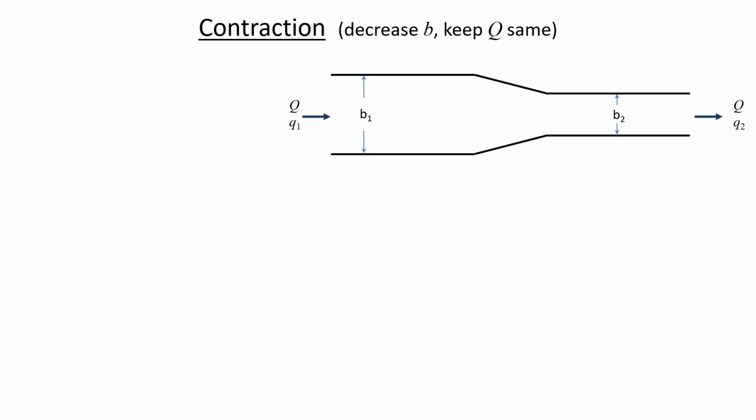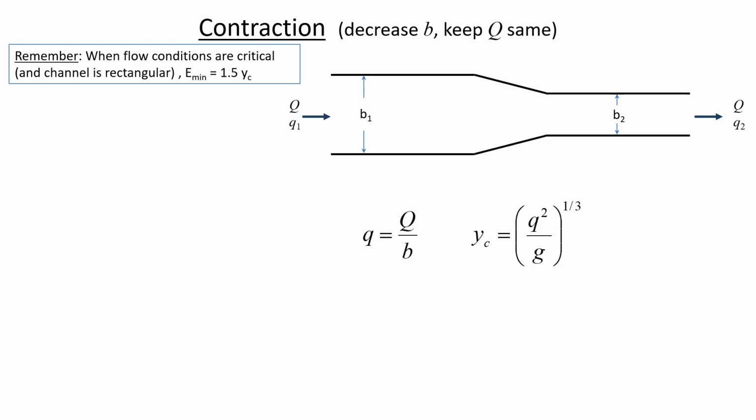So if the width of the channel is smaller, then flow per unit width is bigger. So remember that when conditions are critical, that's associated with the minimum specific energy. And so one of the easy ways for a rectangular channel that we can calculate the minimum specific energy that's required to avoid choking is just to multiply the critical depth by 3/2.